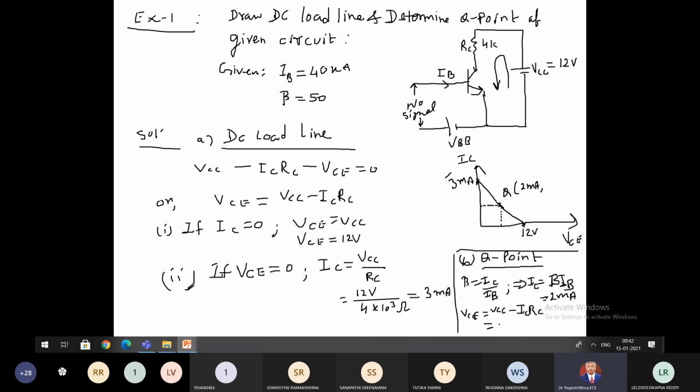So VCC is 12 volt minus IC is 2 milliampere multiplied by 4K, right? So if you will solve this, then you are going to get a value of 4 volt. So here you will get 4 volt, right? So this is the operating point.